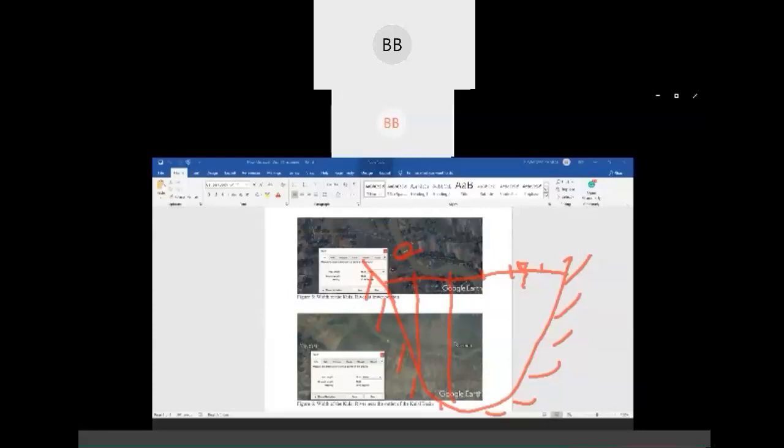If you take 1 meter, there will be more sections, and if you take more sections, it will be more accurate. So it depends on how you are going to divide. Here, if the whole width of the channel is 70 meter, we are going to divide it into 10 meter sections, for example.